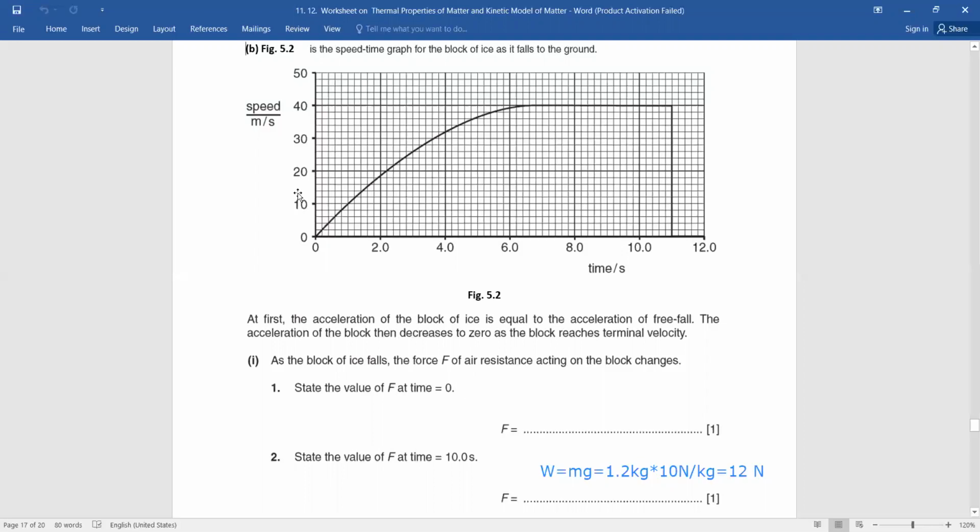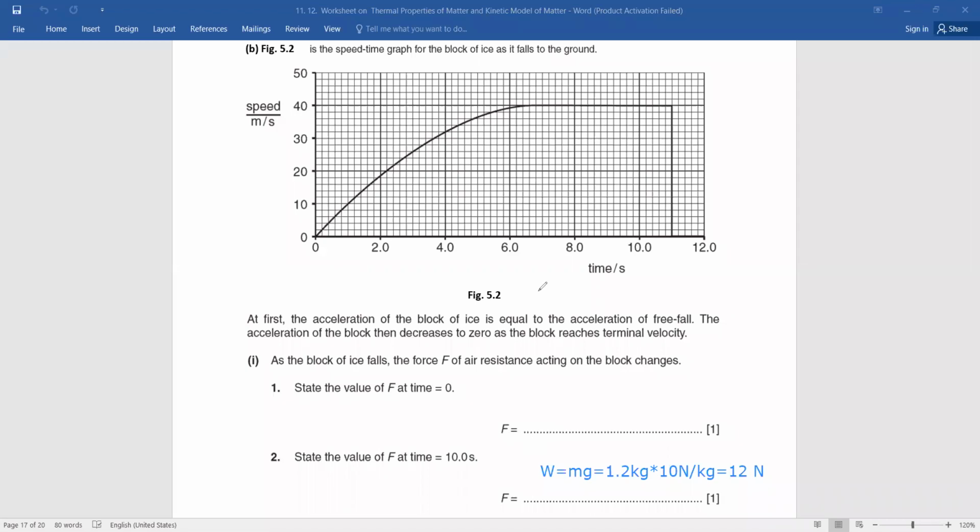So at the beginning, we are having here a straight line. You see that one is almost constant, right? If we are getting a steeper straight line for the speed-time graph, that means your acceleration is constant. And that acceleration is coming from acceleration of free fall. That is 10 meter per second square. Is it clear?